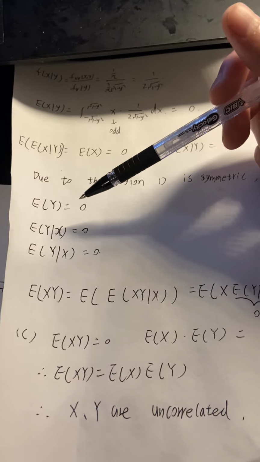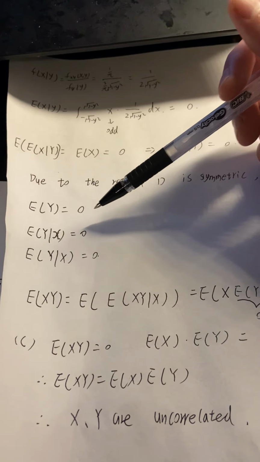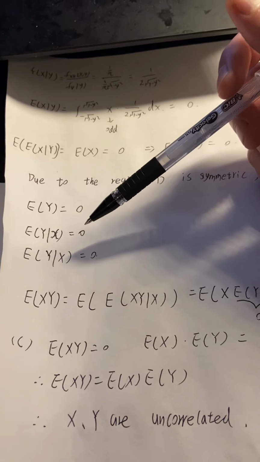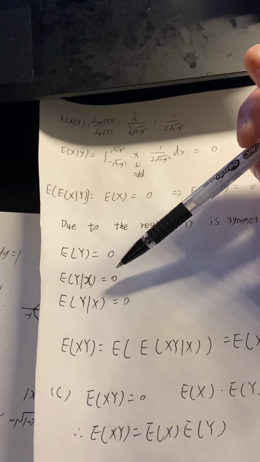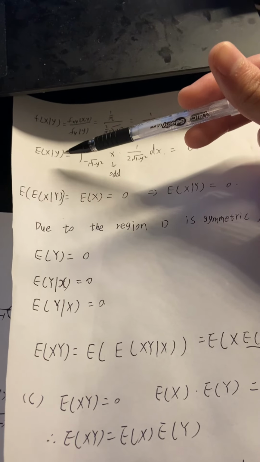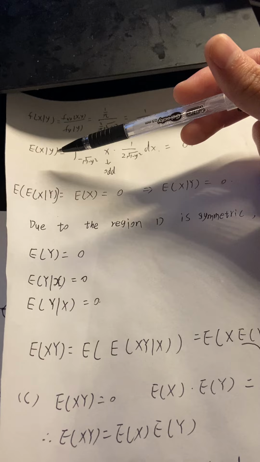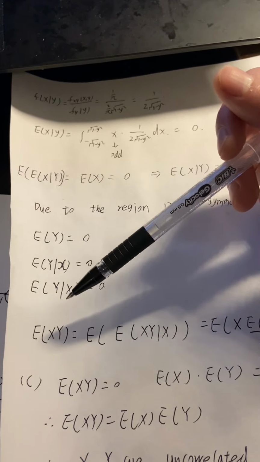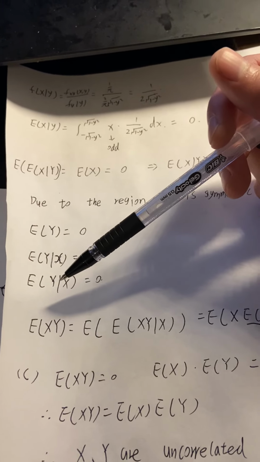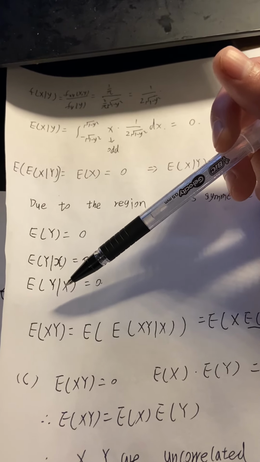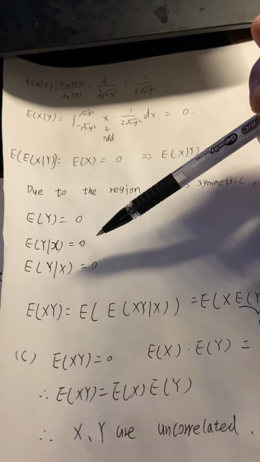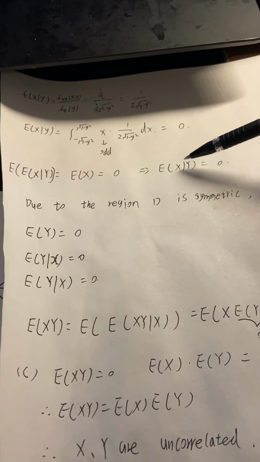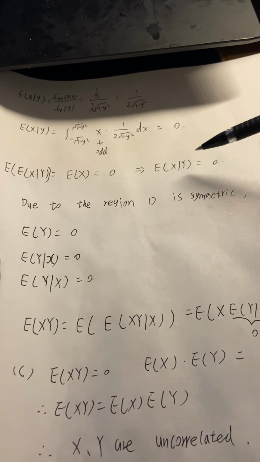So E of Y is equal to E of X, which is 0. E of Y given X is equal to E of X given Y, which is 0.